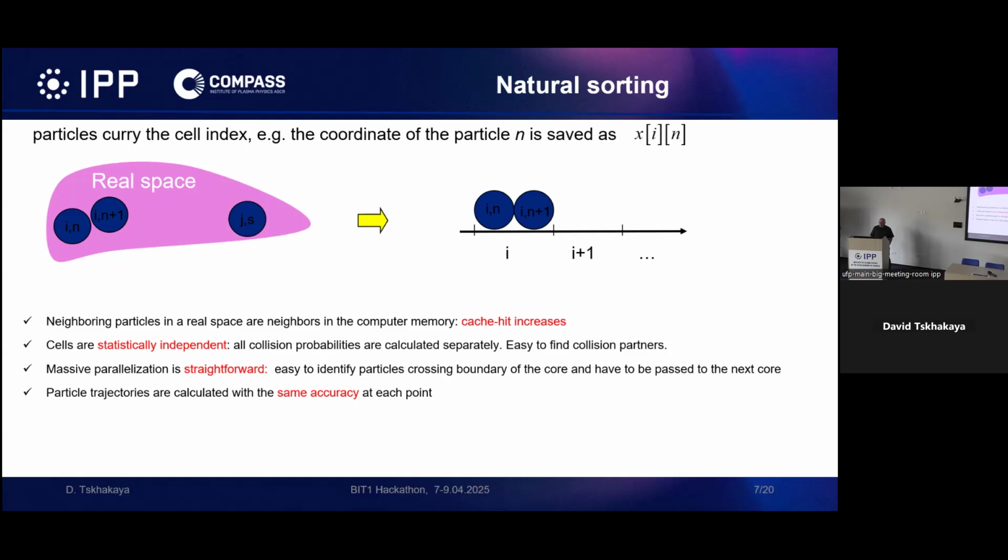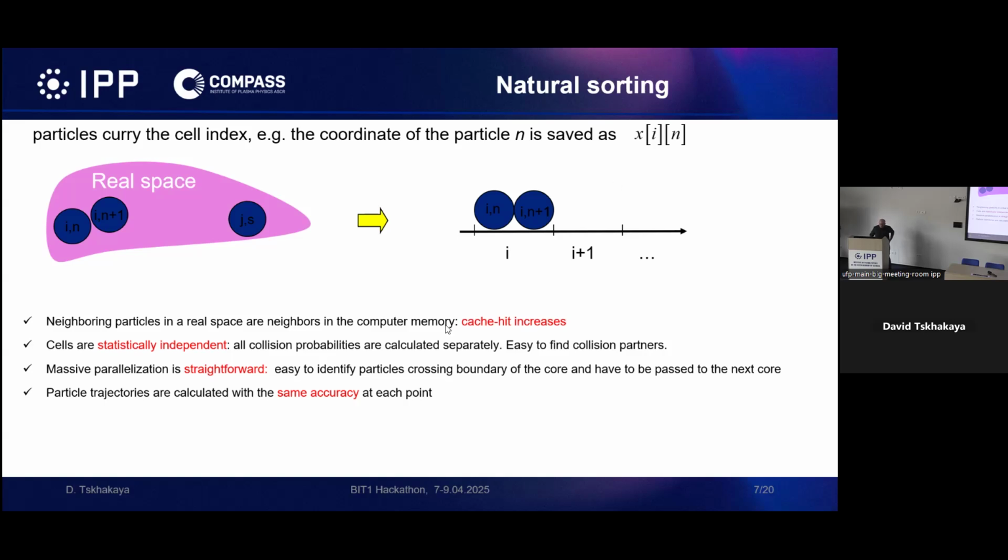Whenever you want to collide particles, you already know which particles are sitting in the cell with index I. But surprisingly, this gave a huge advantage also for the case without collisions, up to a 5 times speedup of the code because of cache hits.